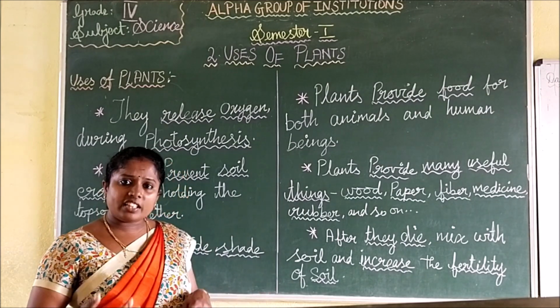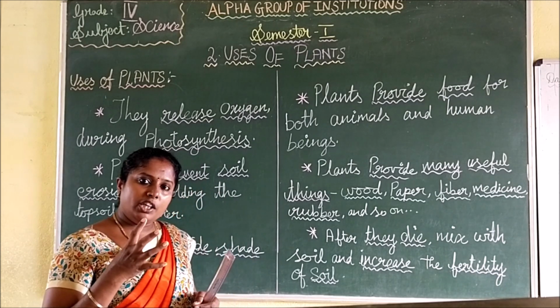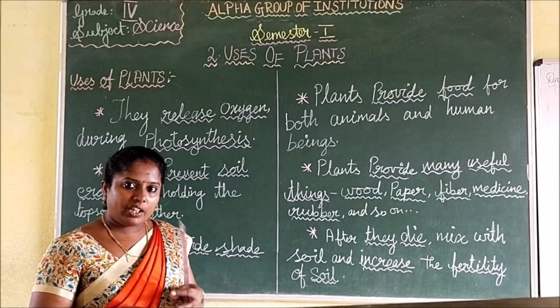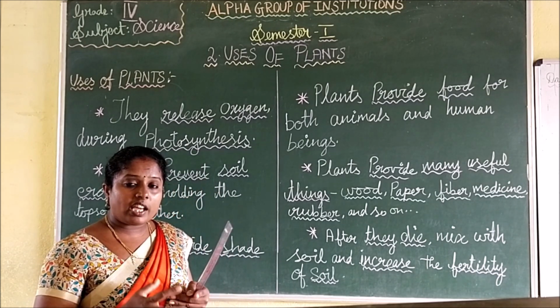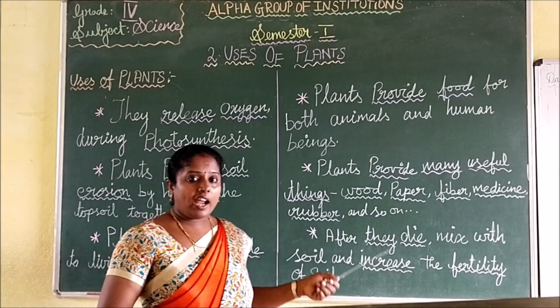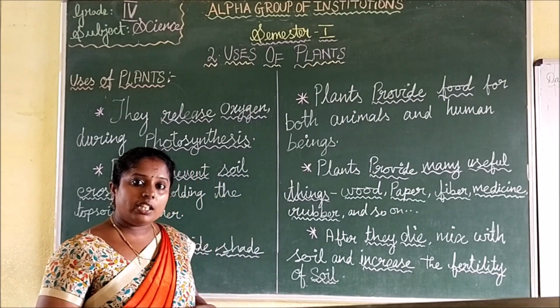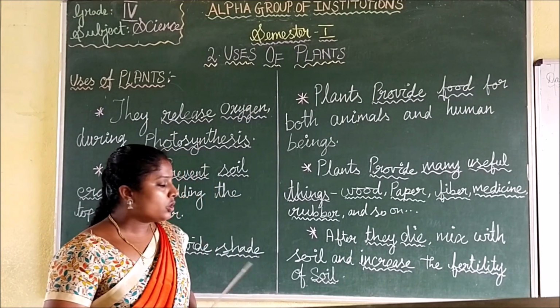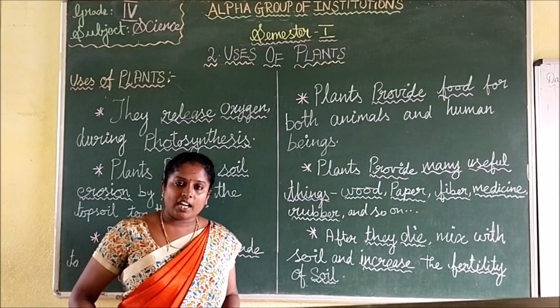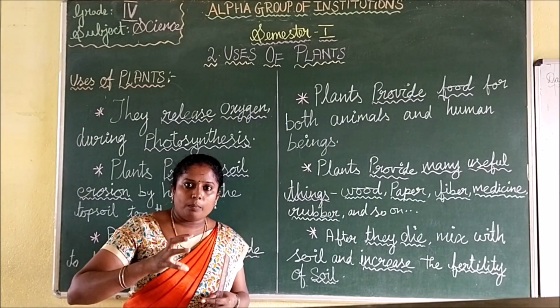And after the plant dies also, it breaks down and gets converted into nutrients for the soil, mixes with the soil and increases the fertility of the soil. So even after it dies, it is decomposed.